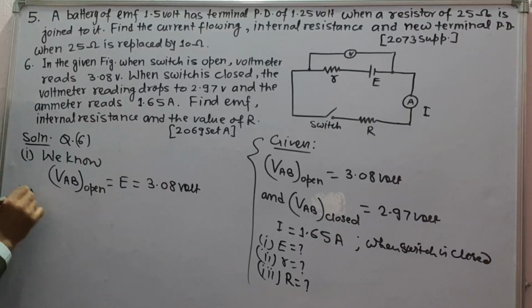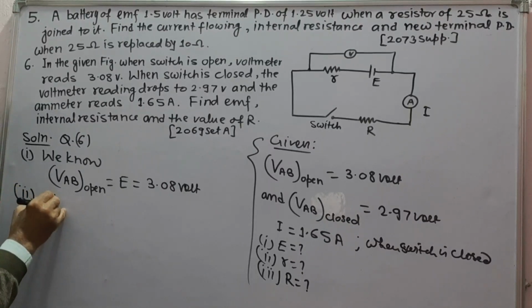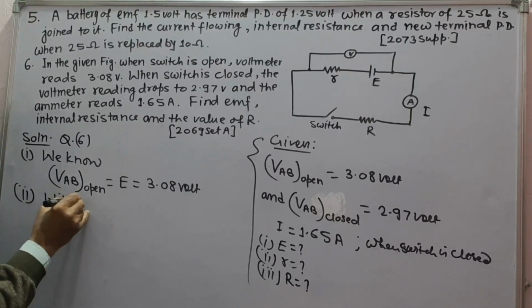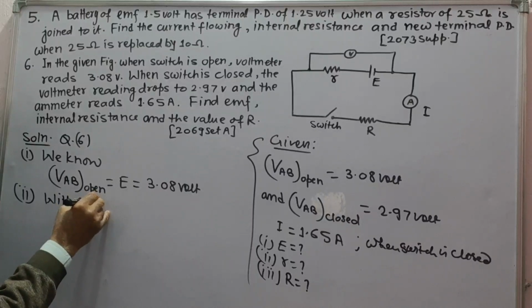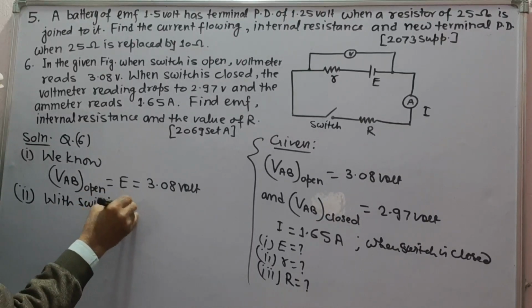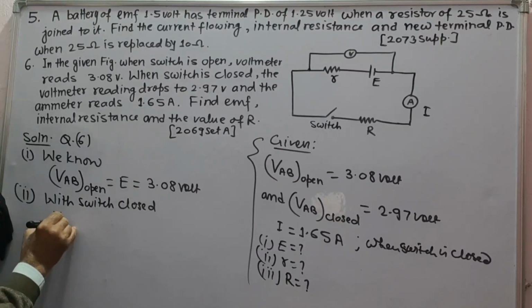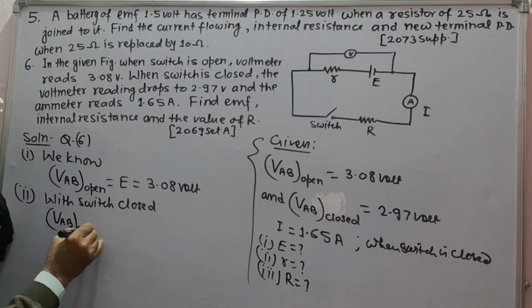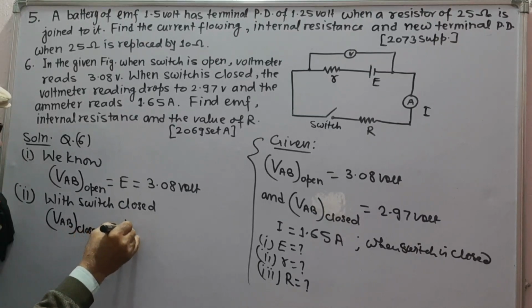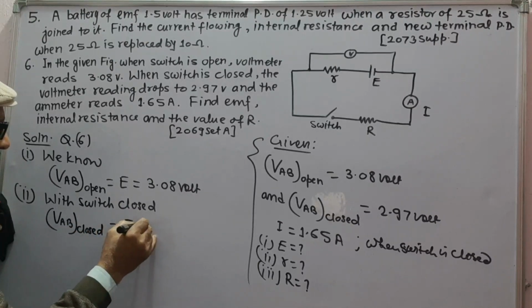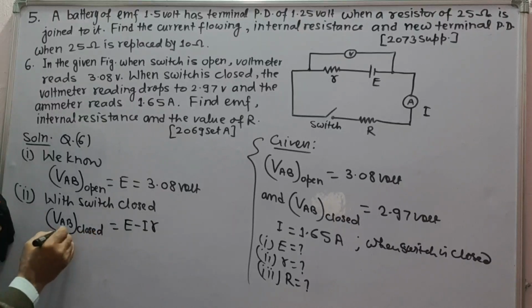Second part, with switch closed, VAB closed will be equal to E minus I into r.